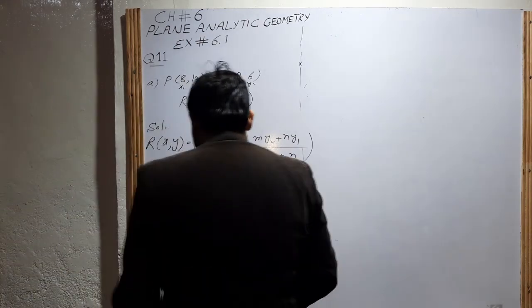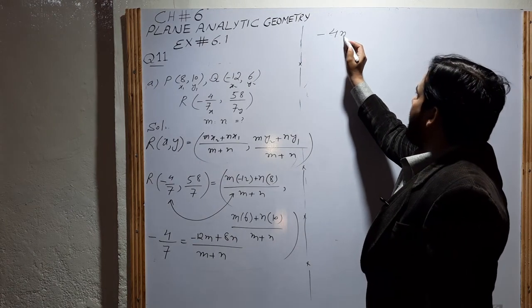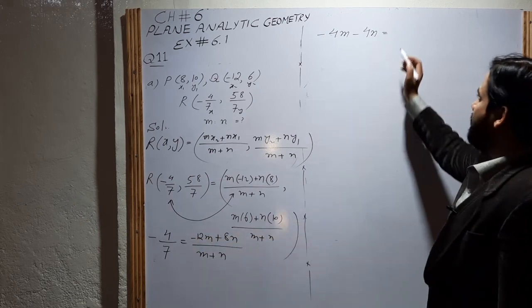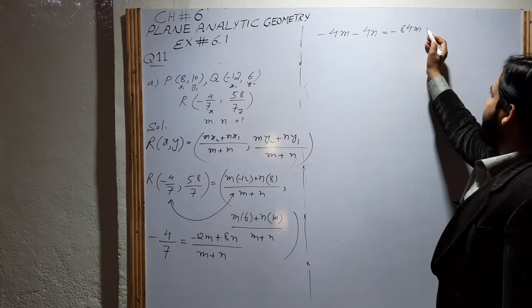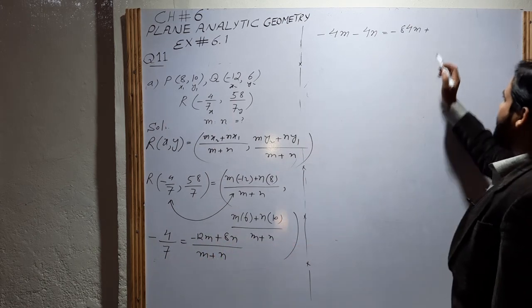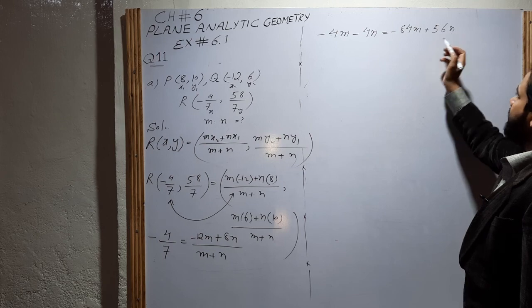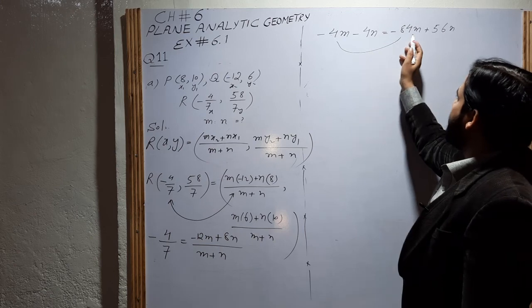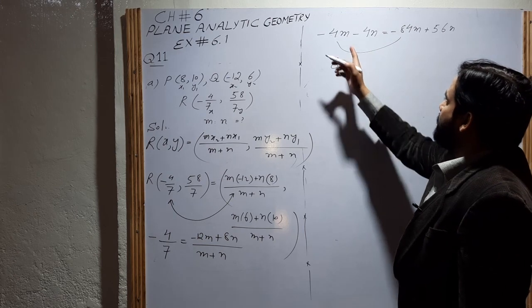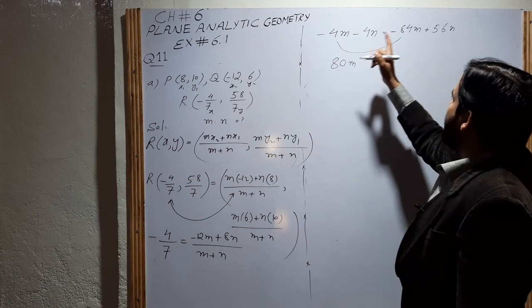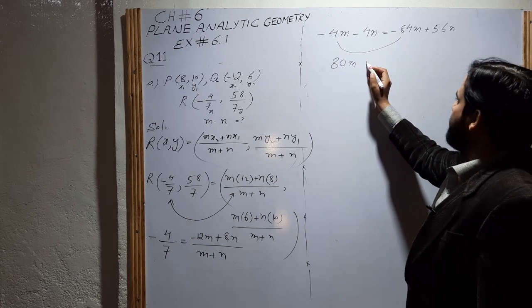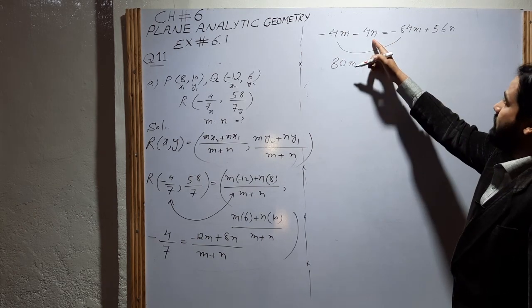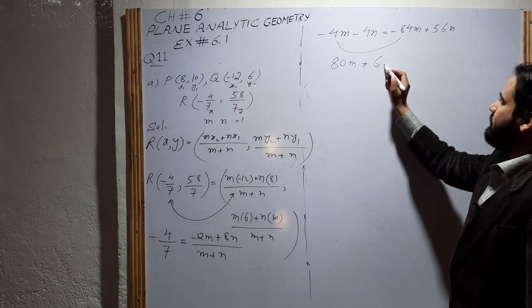Cross multiplication gives us -4m - 4n equal to 84m and 56n after simplification. Moving terms, 80m is equal to 60n.